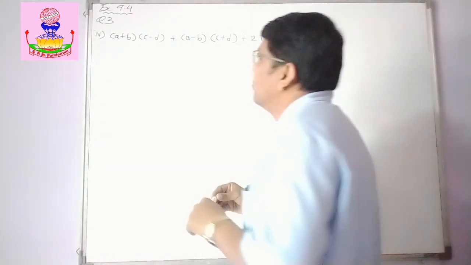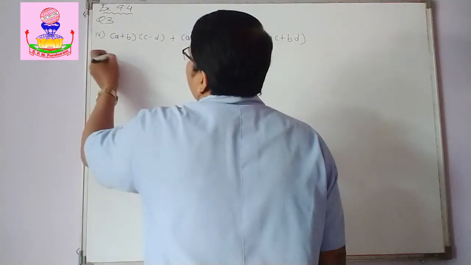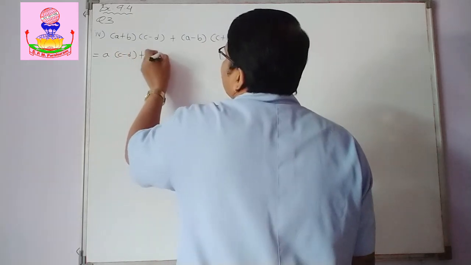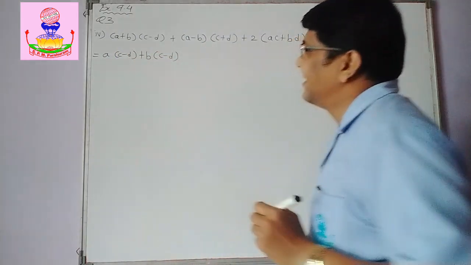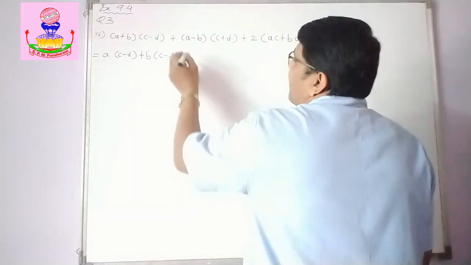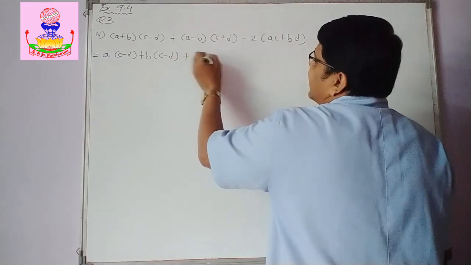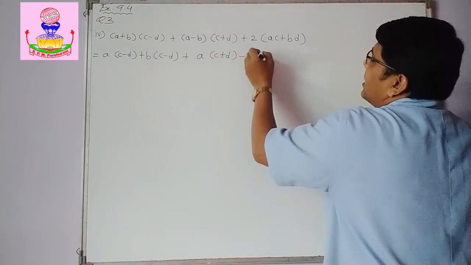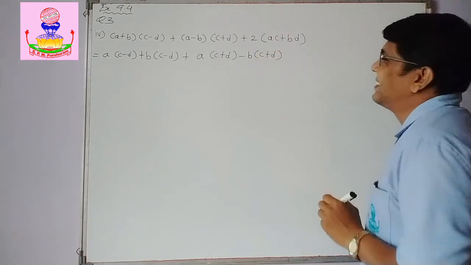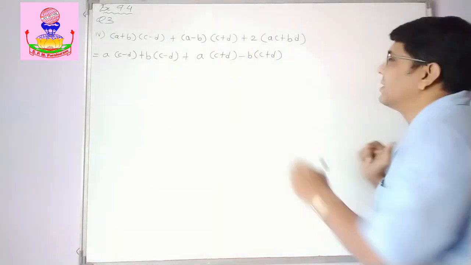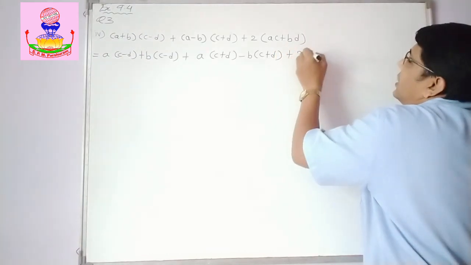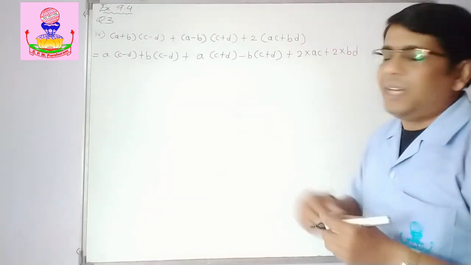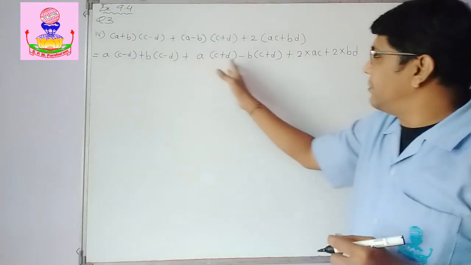Okay. So now, what you will do? So here I can do a into bracket c minus d, plus b into bracket c minus d. Okay. Plus a into bracket c plus d, minus b into bracket c plus d, and this you can open it. Okay, so plus 2 into AC plus 2 into BD. Right? Now here it is monomial by binomial.